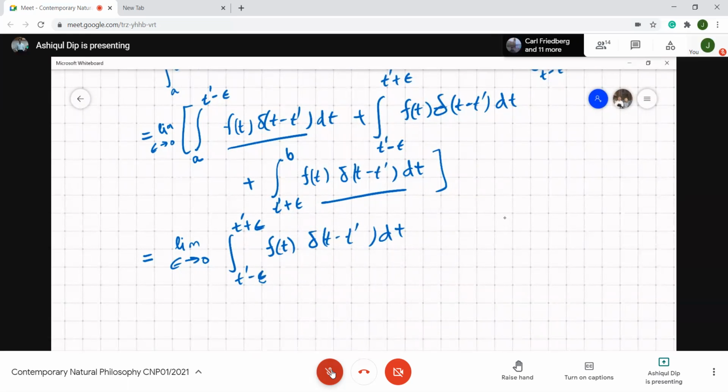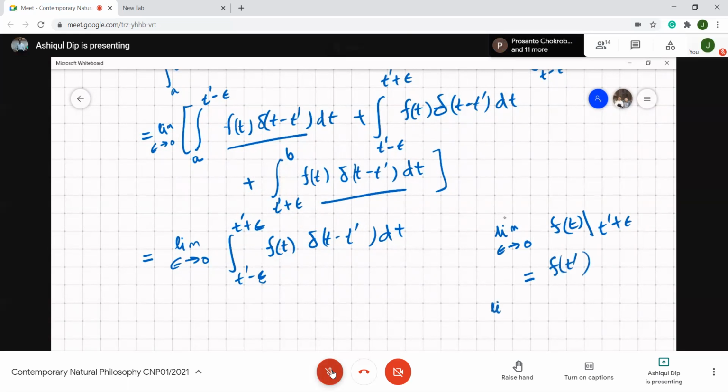As epsilon is a really small quantity, and epsilon tends to 0, what is the value of f(t) at t′ + epsilon, and what is the value of f(t) at t′ − epsilon? That means I'm just evaluating two things. Limit epsilon tends to 0, f(t) at t′ + epsilon, what's that? It is f(t′).